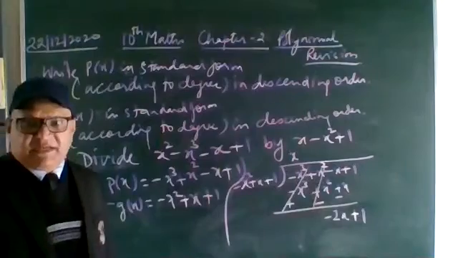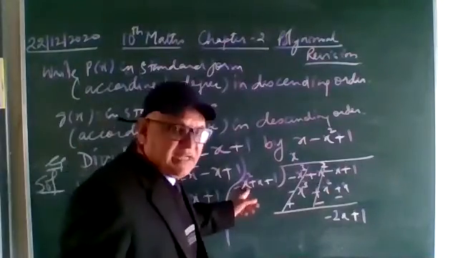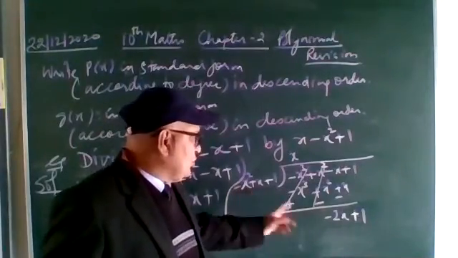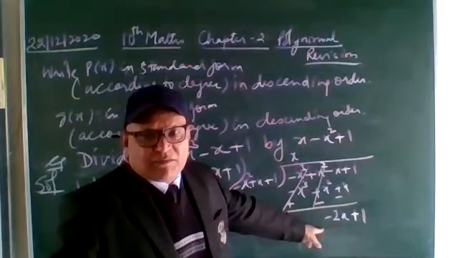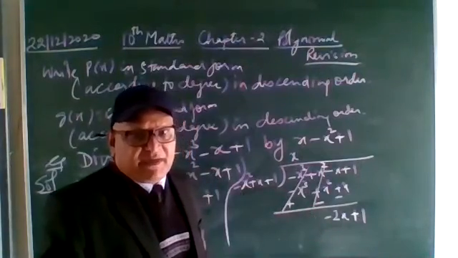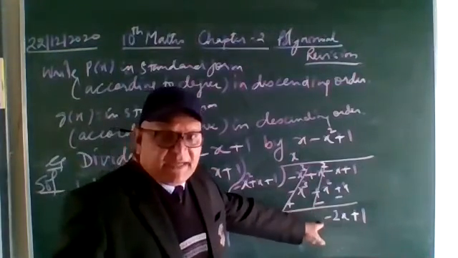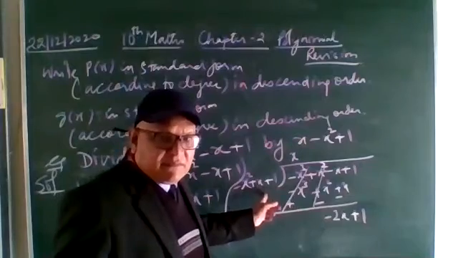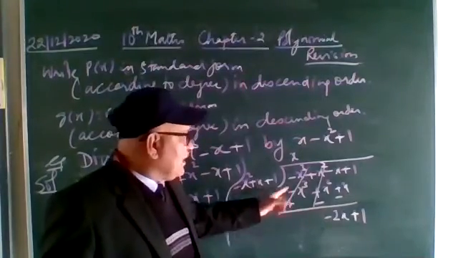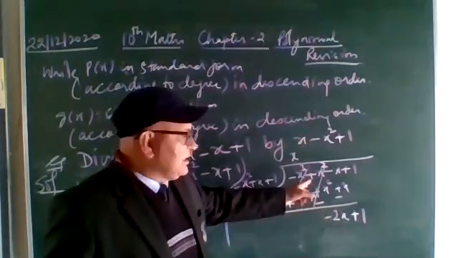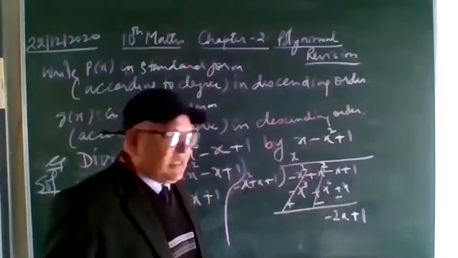This cannot be further divided because the degree of G(x) is 2 and the degree of the remainder is 1. So you will say this is the remainder, this is the divisor, this is the quotient, and this is the dividend.